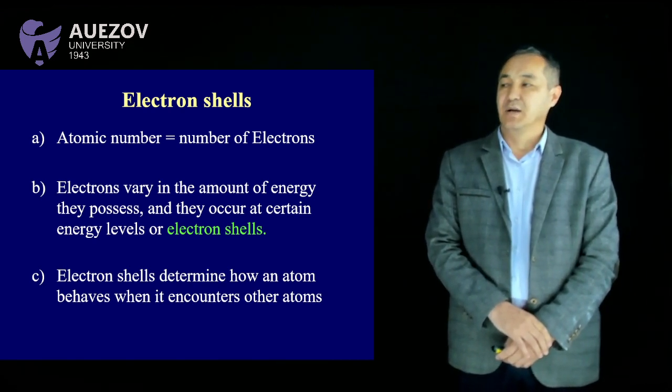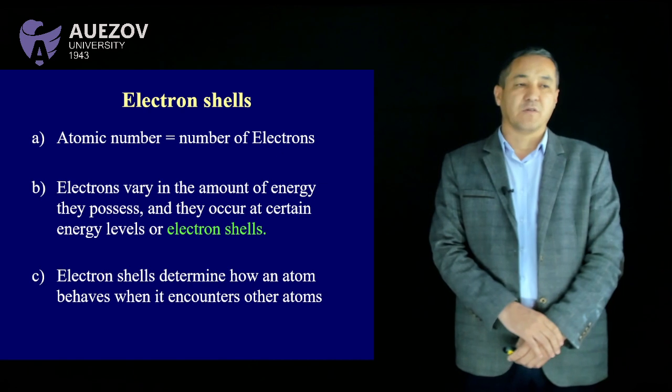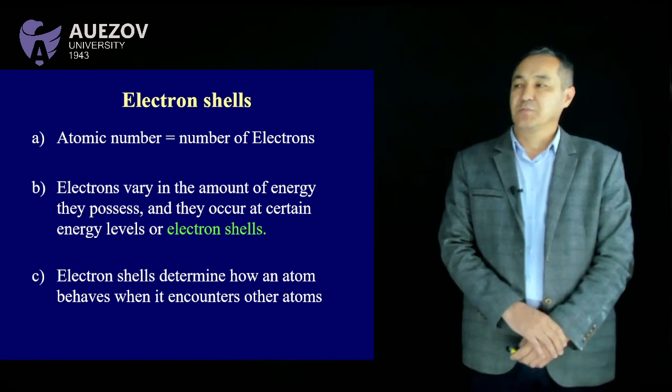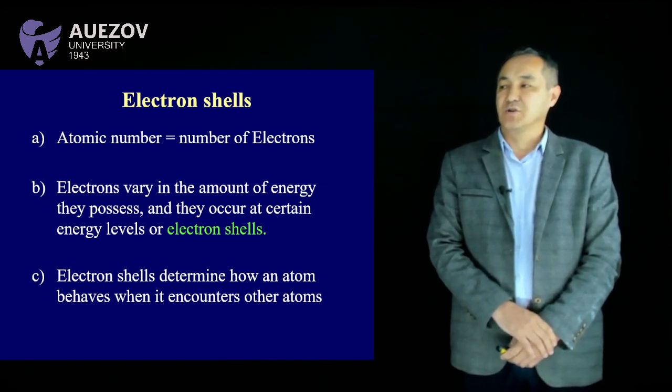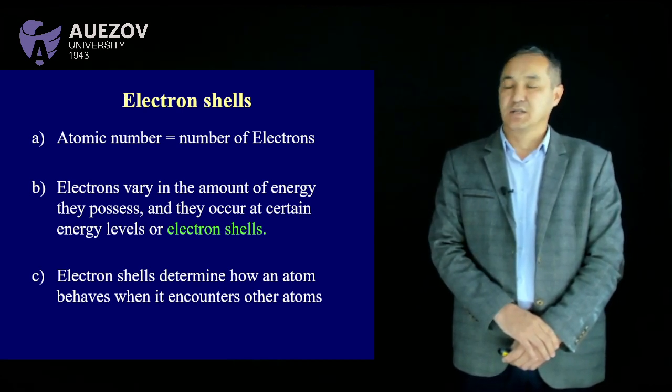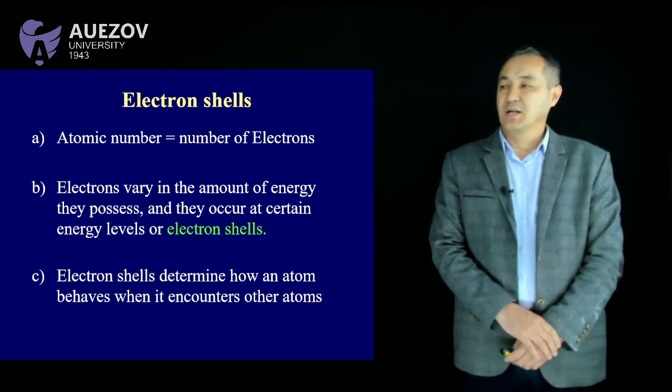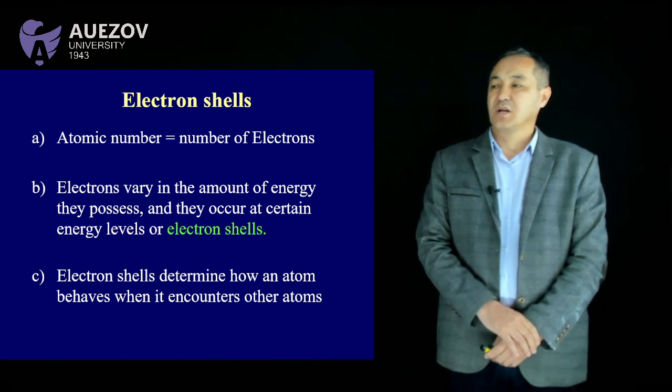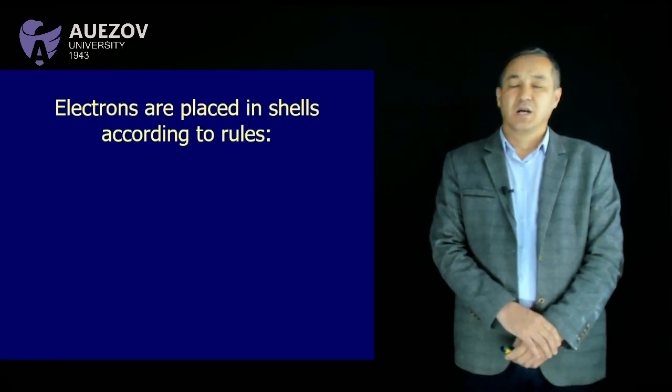B, electrons vary in the amount of energy they possess and occur at certain energy levels, or electron shells. C, electron shells determine how an atom behaves when it encounters other atoms.